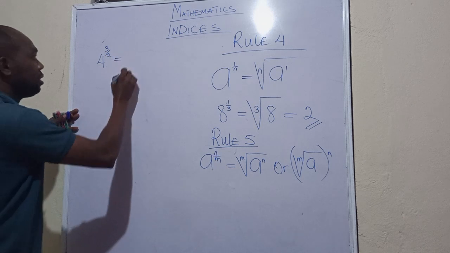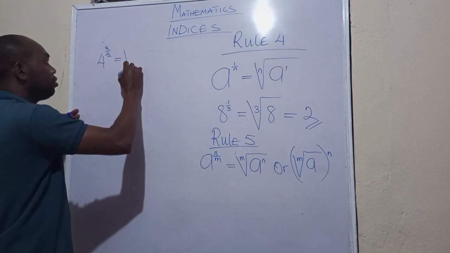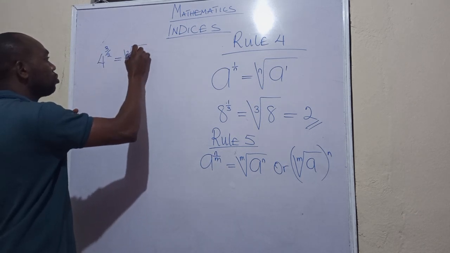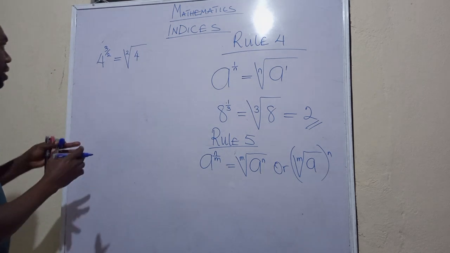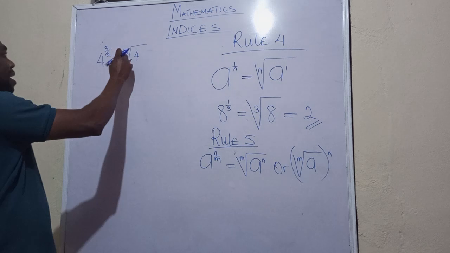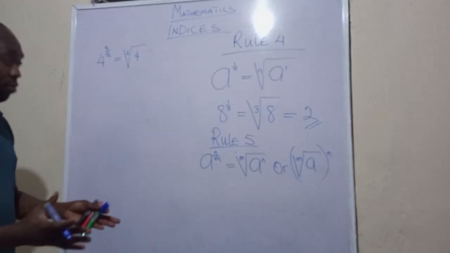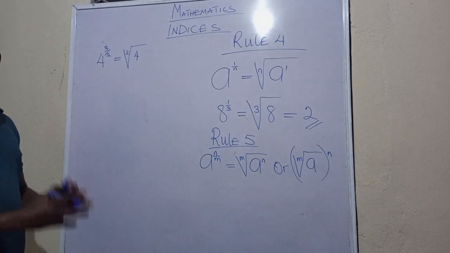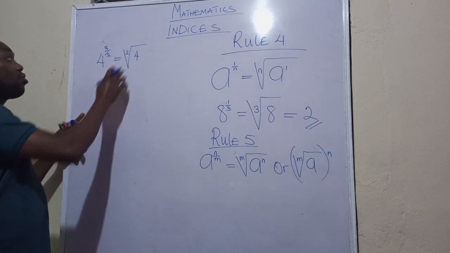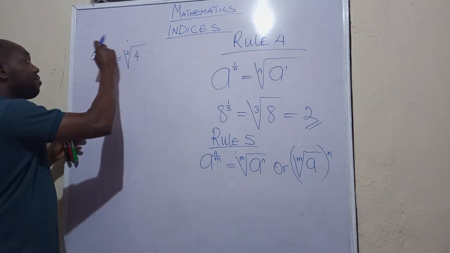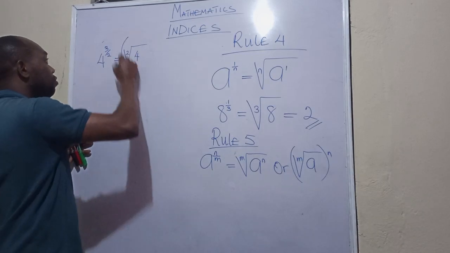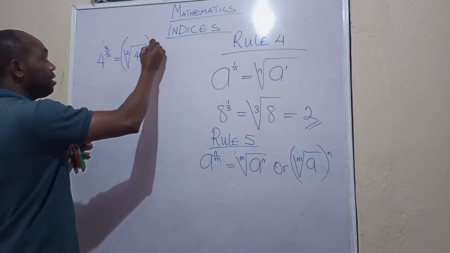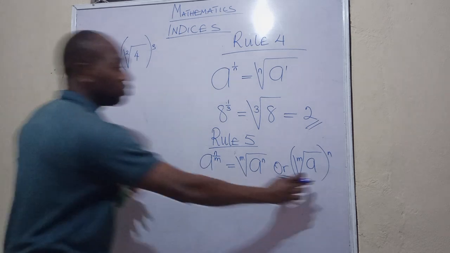So what happened here is the 2 becomes the square root of 4, right? In this case, because 2 can simplify 4 and 3 cannot, we will first put the bracket, and then write the 3, which is how this method is used.